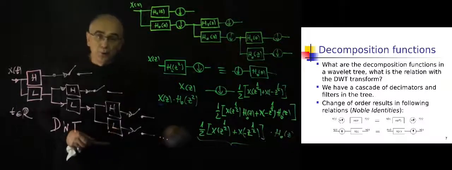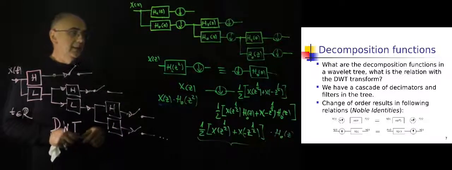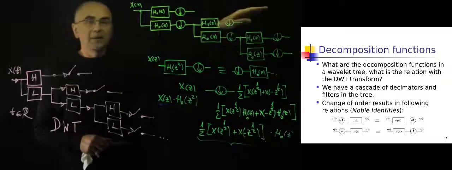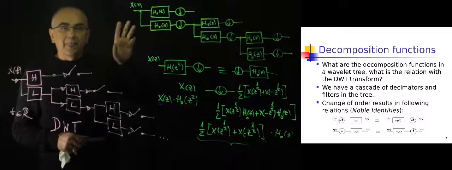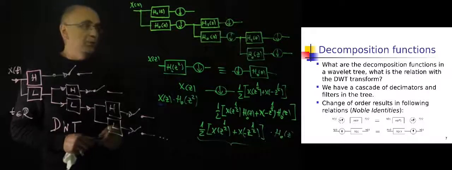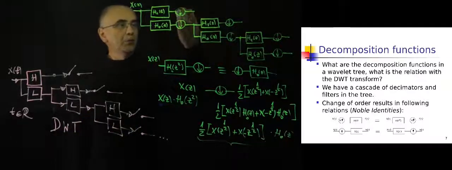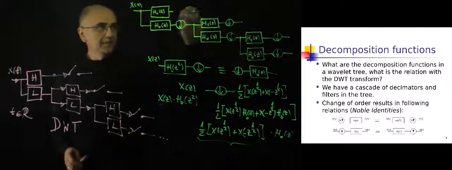We are just going to use this result because we have a plan to move this decimator near the transformation domain. So symbolically, I'm going to move this to the right.